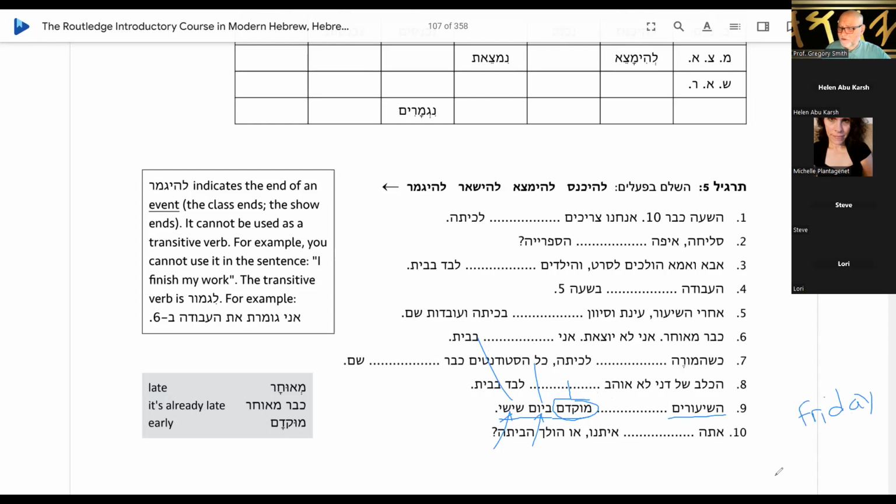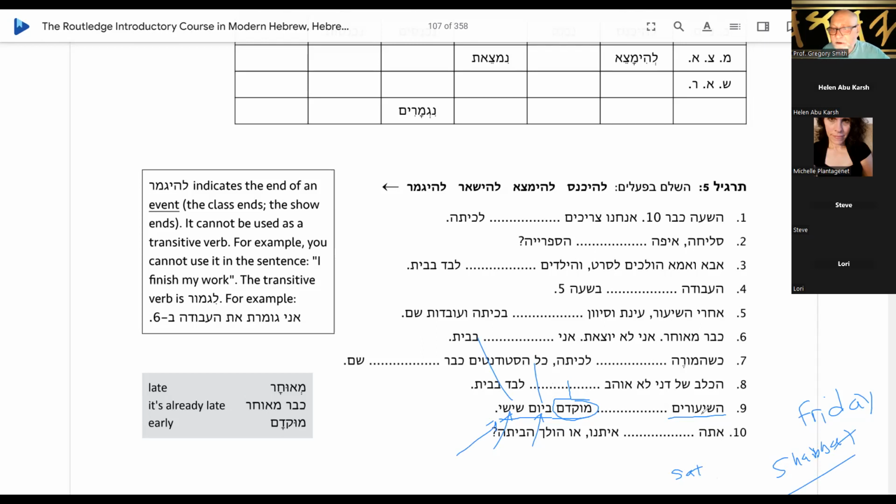Because what's day 7? That's Shabbat, or as we call it here in America, Saturday. So if the 7th is Shabbat, and that's Saturday, go back one day to 6, that's Friday, right?